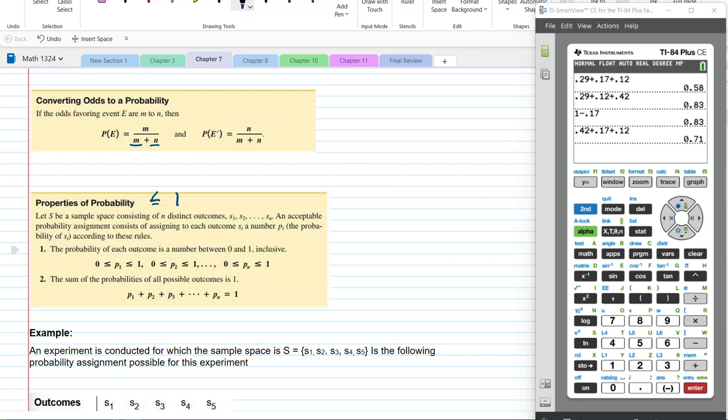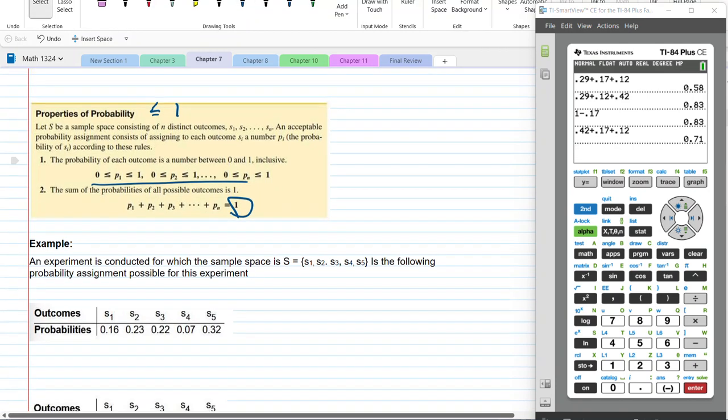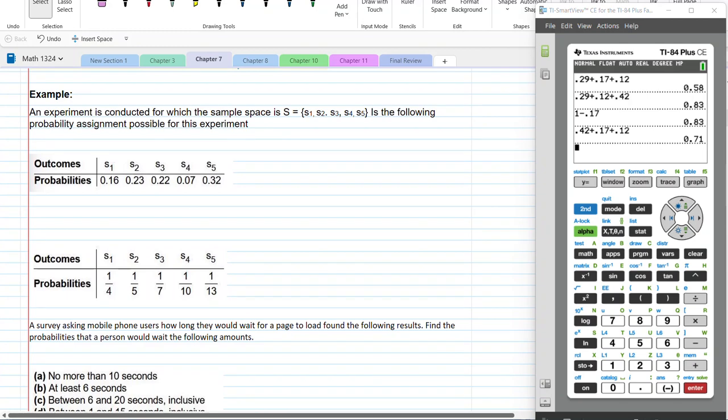So that's what they wrote here. The sum of the probabilities has to equal 1. Not always does that happen, so we have a few problems here.